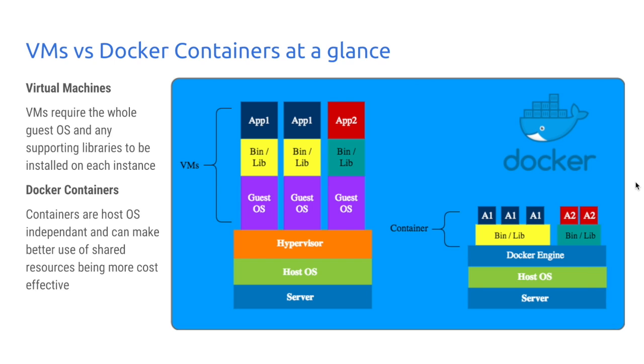The Docker containers, however, are host OS independent, and can make better use of the shared resources, being more cost effective. Meaning that generally with virtual machines you scale up larger than needed, and that's your way of being HA, highly available. And for containers, you can spin up really, really fast, so you can set your thresholds for spinning up new containers.